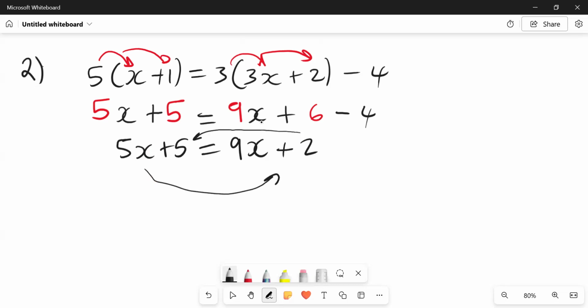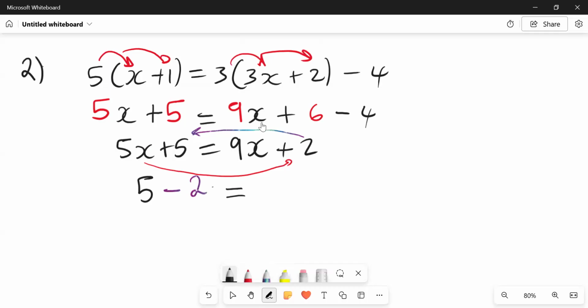Why am I doing that? To group the like terms, all the numbers with variables on one side, and numbers without variables on the other side as well. So let's do that, right? Let me start with 2. I've decided to transpose 2, so you're left with your 5, and then there's minus 2. Now I have to transpose 3x to the right-hand side.